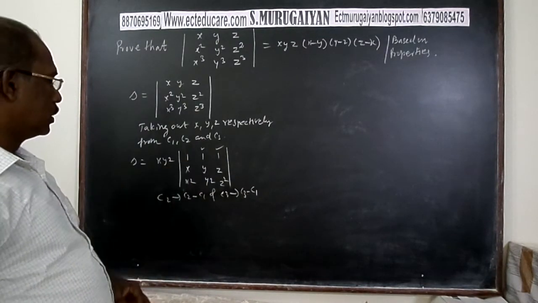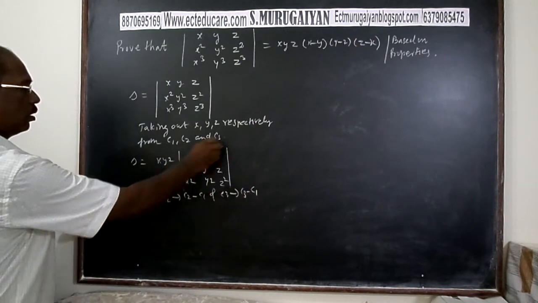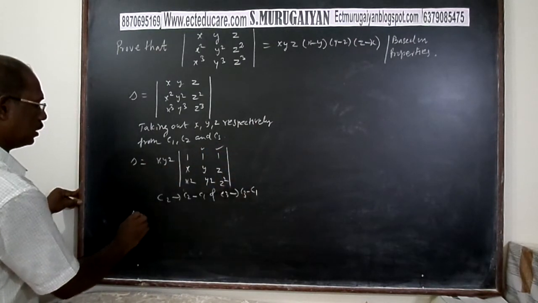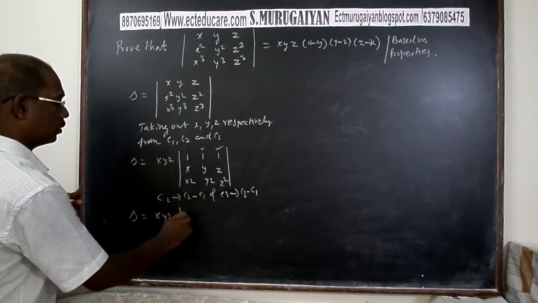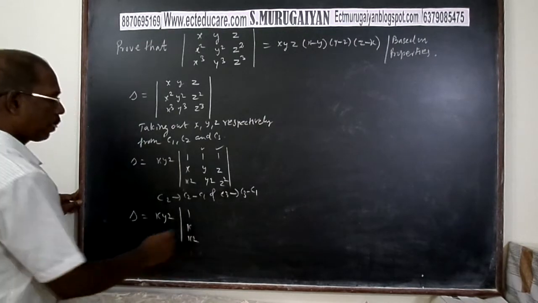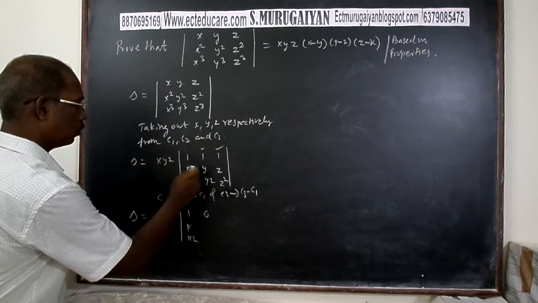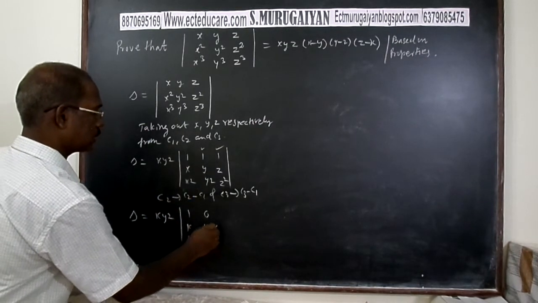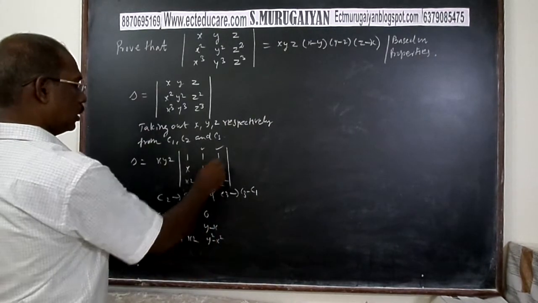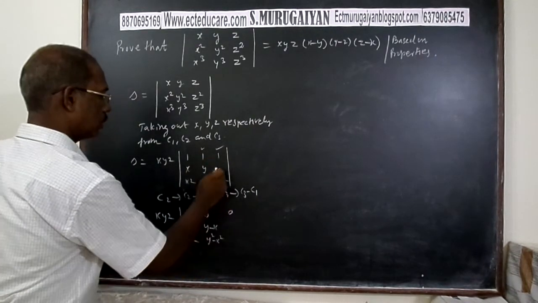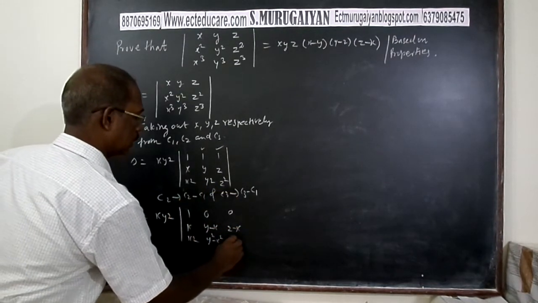With respect to C1, we can make these two 0. Applying these two properties, delta equals x, y, z, with no change in C1: 1, x, x square. C2 minus C1: 0, y minus x, y square minus x square. And C3 minus C1: 0, z minus x, z square minus x square.